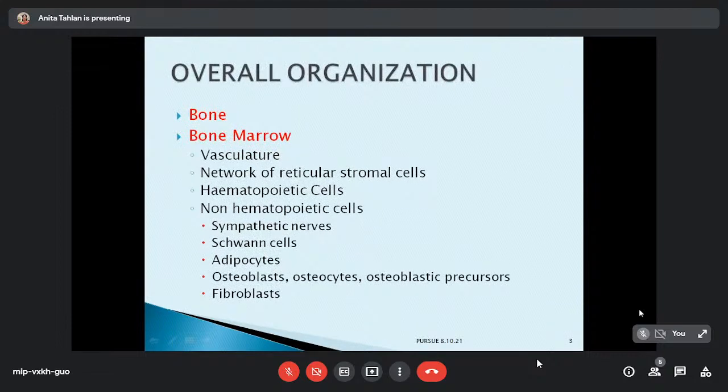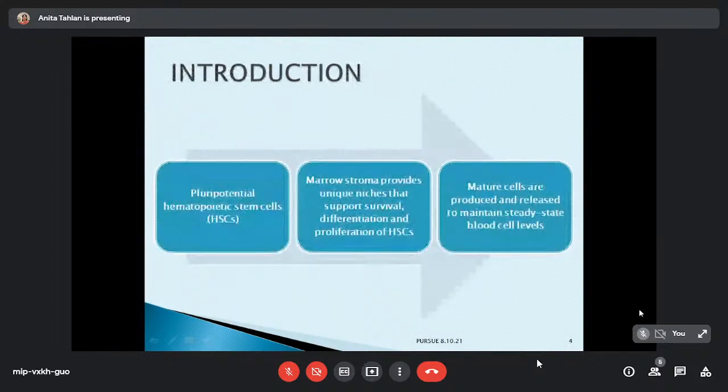So bone marrow improvements have also made us see the bone marrow more carefully. However, it is difficult to analyze the bone marrow because it is enclosed within the bone, and therefore it is not available for imaging studies. And a majority of the studies are done on mouse marrows.